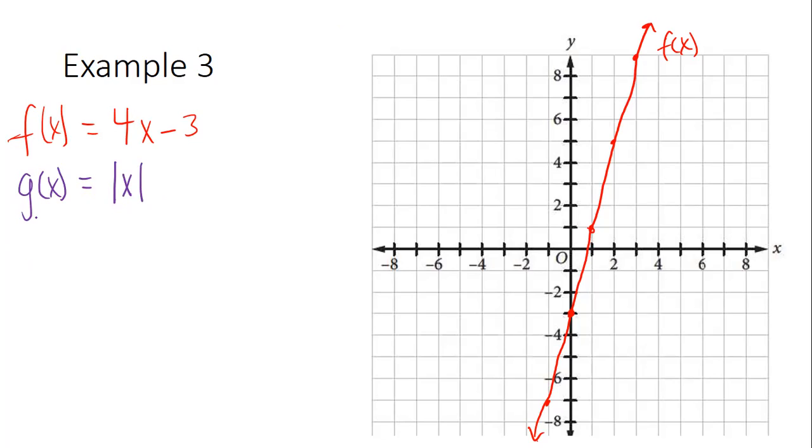Now, what we've been doing is plugging the functions into g of x, right? Now we're going to compose f composed of g. If I have f composed of g, that means I'm plugging g of x into f of x.